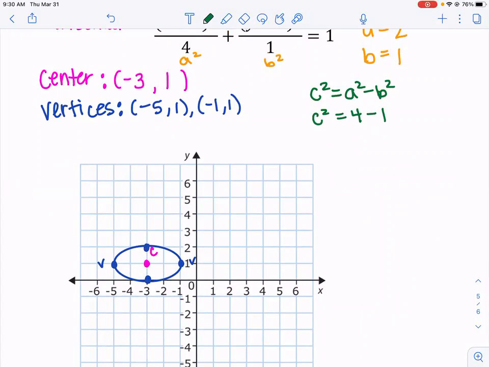So c squared is 3, so c is radical 3. Well, how do I plot a coordinate radical 3 away from the center? We can approximate, right? Radical 3 is bigger than, but not quite 2. Radical 4 equals 2. So radical 3 is almost 2.